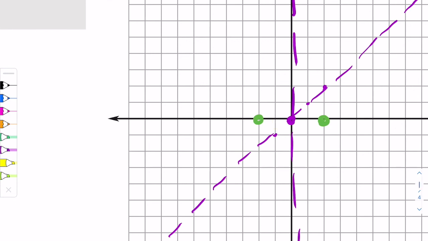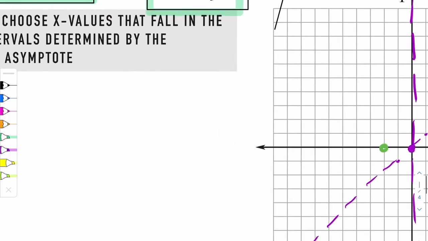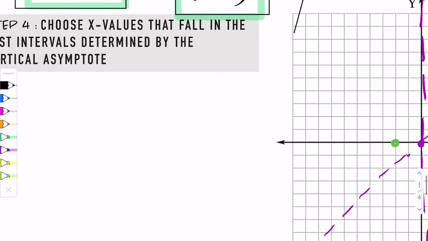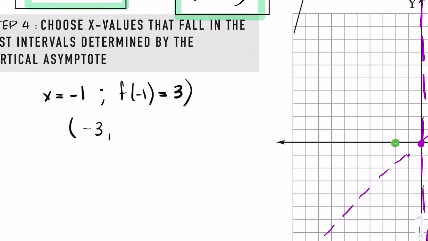So I already tested these values just so that we could save some time. So let's test when x is equal to -1. If this is the case, your output, f of -1, is equal to 3. So this would give you an ordered pair at -1, 3.